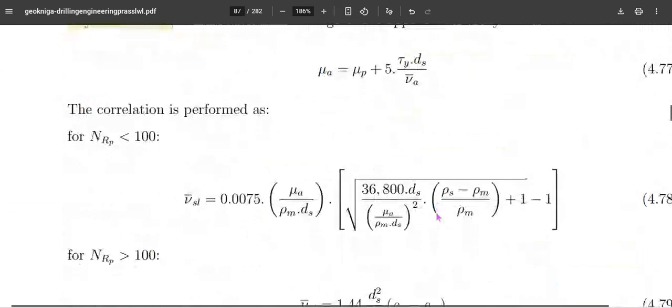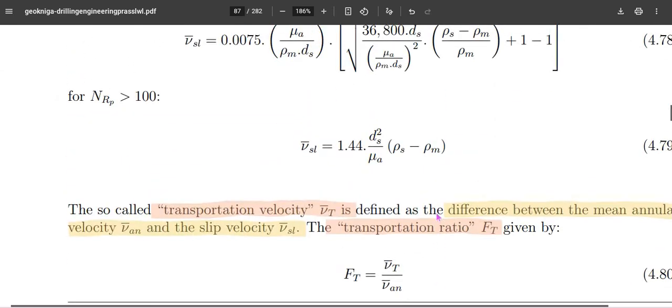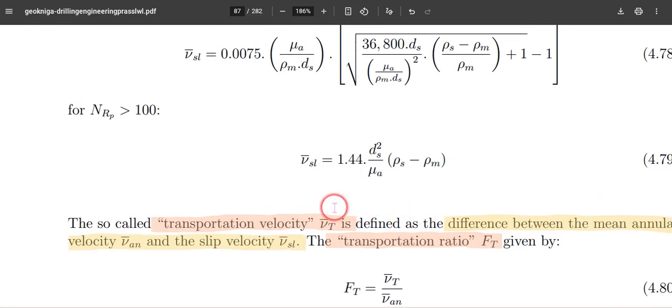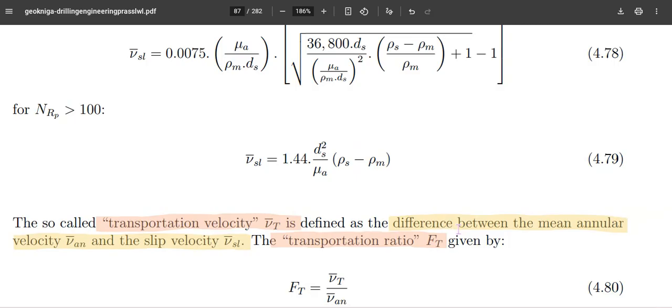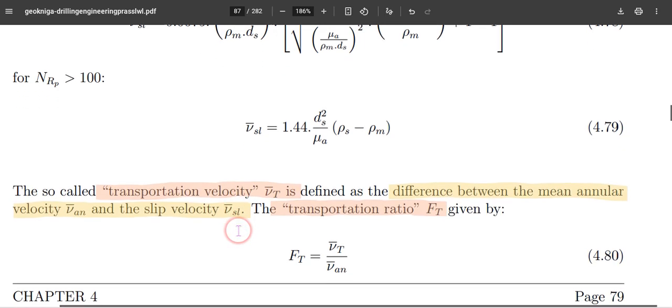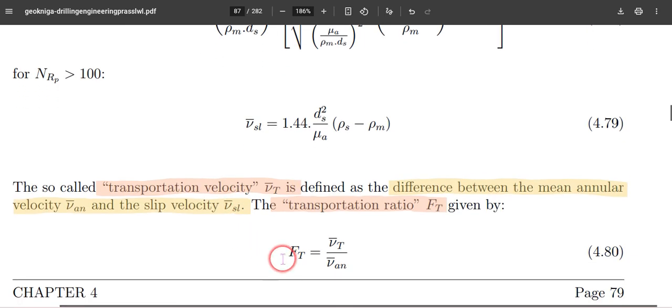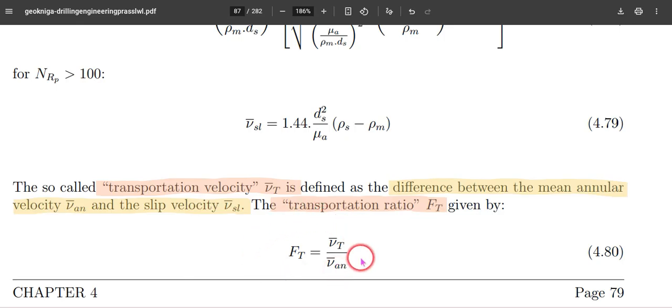Once this slip velocity is computed, the difference between the mean annulus velocity and the slip velocity is termed the transport velocity. That transport velocity is put into a ratio with the mud annulus velocity.